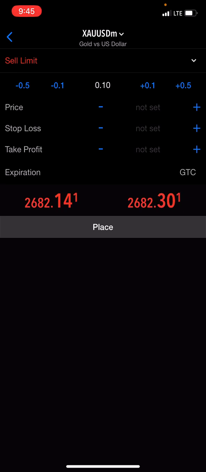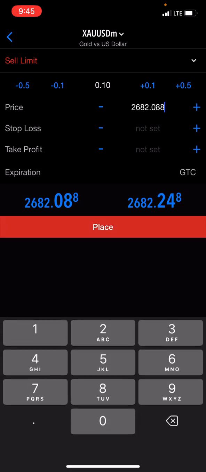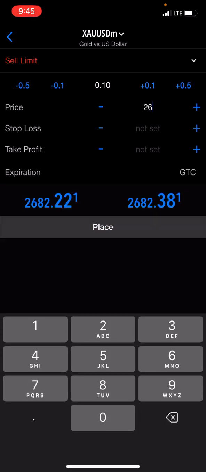You will notice the parameters requested: your entry price, your stop loss, and your take profit. This morning I did an analysis expecting gold, that is XAUUSD, to come into a price zone of 2685.47 before it starts selling. So I'll be using that price as my entry. Inside the price, I'll put 2685.47.